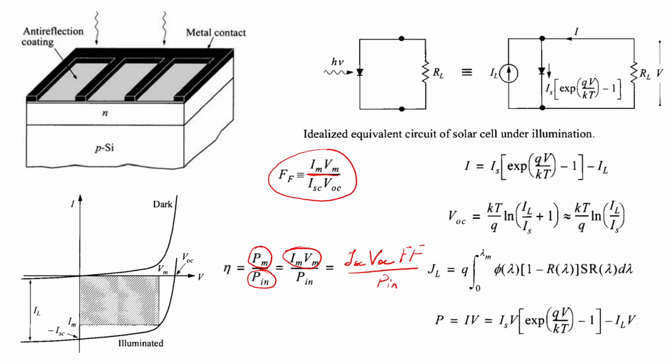So that is efficiency, and we see three main photoelectric parameters of the solar cell: short circuit current, open circuit voltage, and fill factor, and all of them are in the numerator. So we want to simultaneously increase all of them in order to have a good device. We cannot keep one low because that will just kill our performance. We need all of these parameters to be as high as possible.